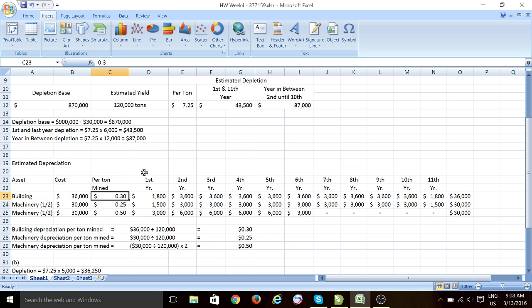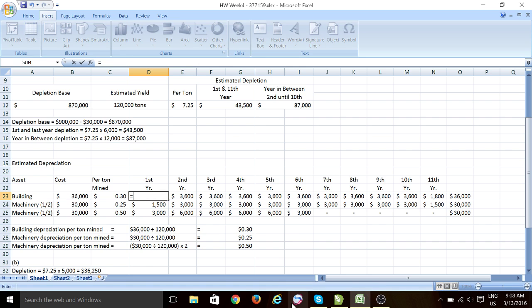And then to know the cost per ton mined, we just divide 36,000 by 120,000, because that's the estimated ton yield. And then we have 0.30 for the building.